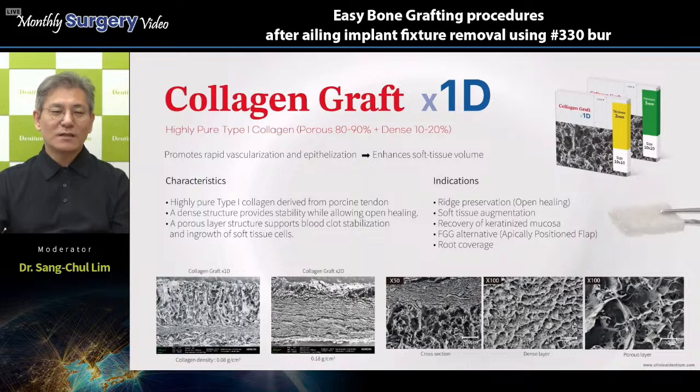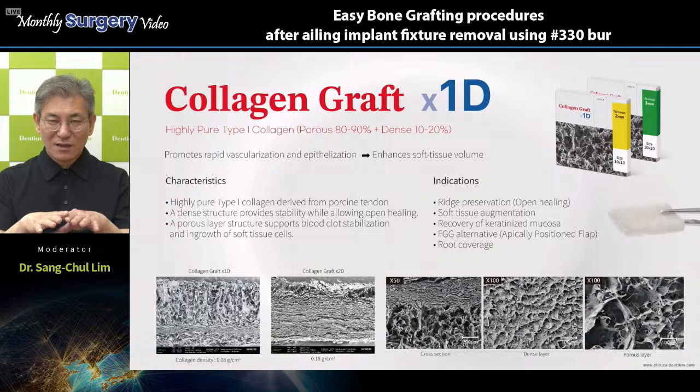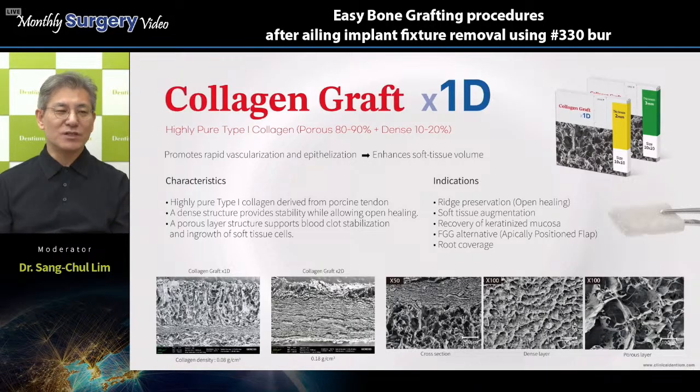Okay, another biomaterial will be introduced in this surgery: collagen graft. This one is nowadays the fastest growing in our market. Actually, doctors, especially general dentists, want to use this collagen graft, because it compensates for the open healing technique, and sometimes we get a wound open situation after GBR procedures or other complex procedures.